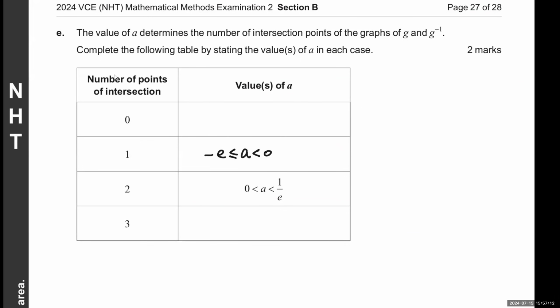Notice that a cannot equal 0 because it was specified at the beginning. And also a equals 1 over e, okay? And 2 points of intersection is between 0 and 1 over e.